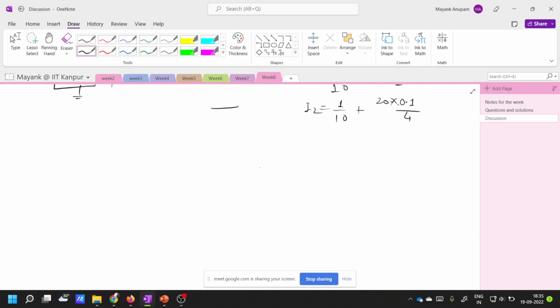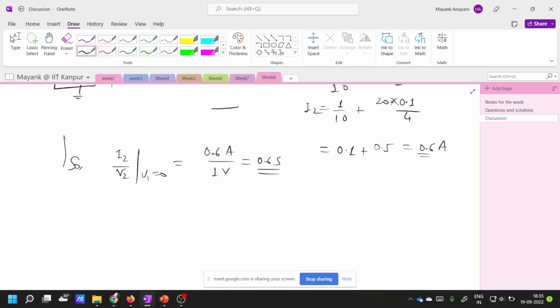So what will it be? 0.1 plus 20 into 0.1 becomes 2, and 2 by 4 becomes 0.5. So it becomes 0.6 ampere. So your I2 by V2 when V1 equals 0 is 0.6 ampere upon 1 volt, which is 0.6 siemens.